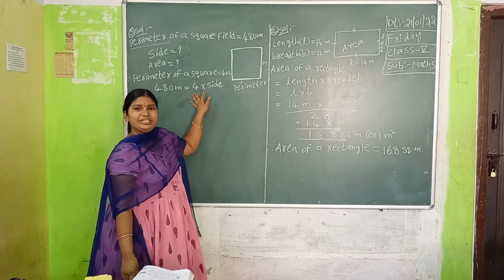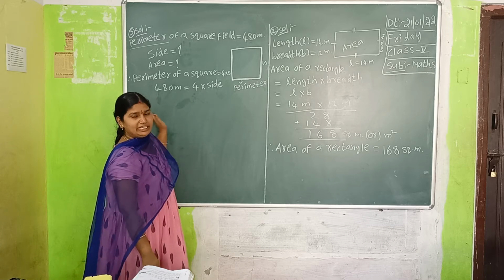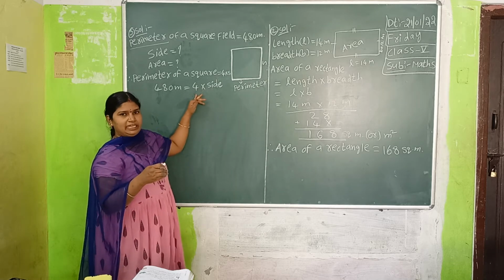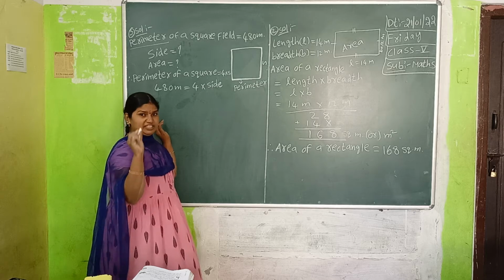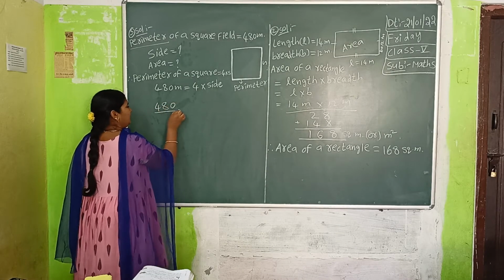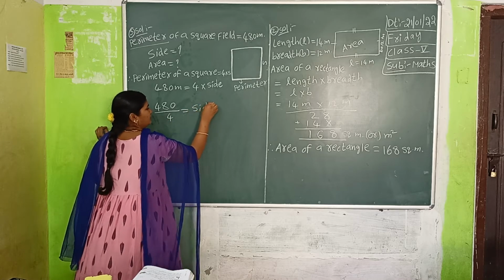Now here 4 is multiplying. Taking the 4 to the right hand side, it will act as a division. Okay. 480 by 4 equals side.